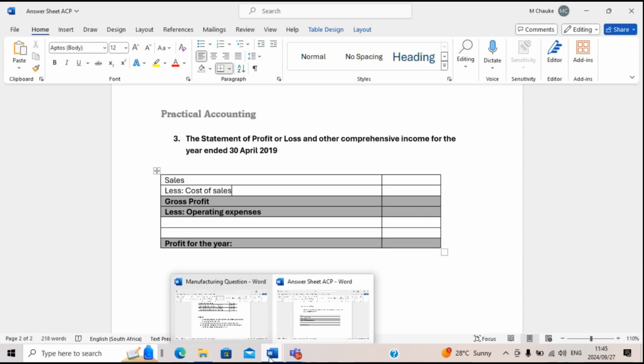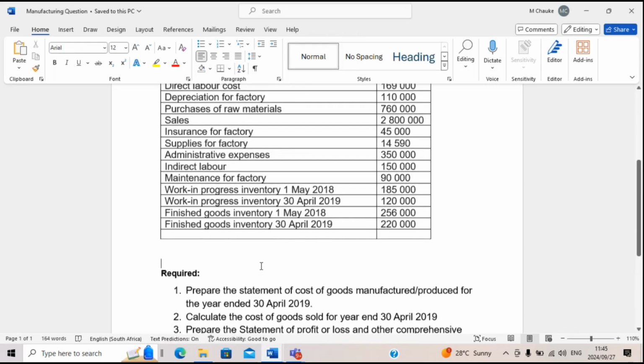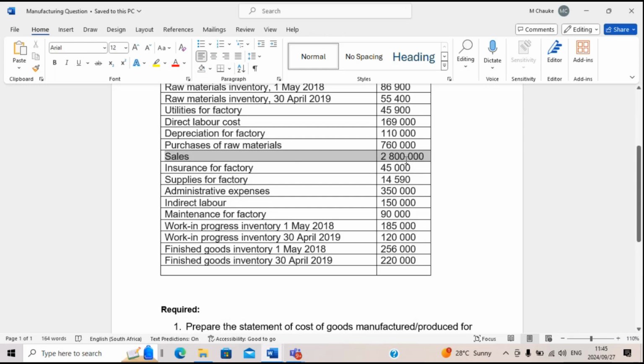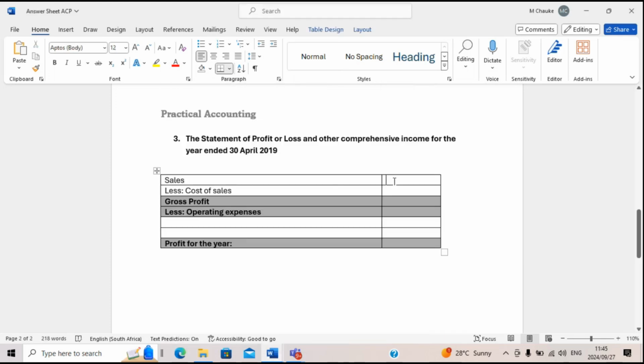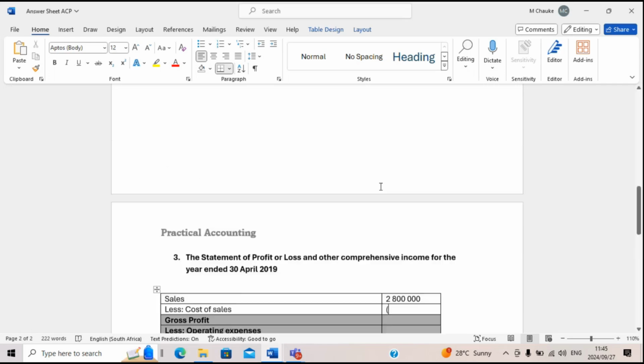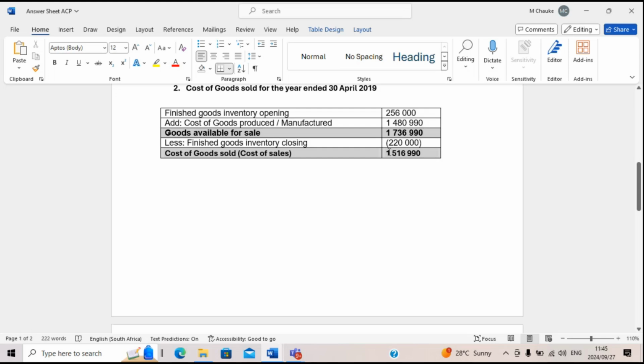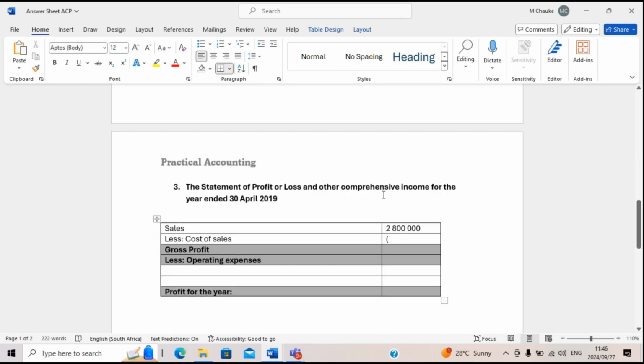So let's check our sales there. Our sales is 2,800,000. And then cost of sales is the one we calculated up there, 1,516,990.